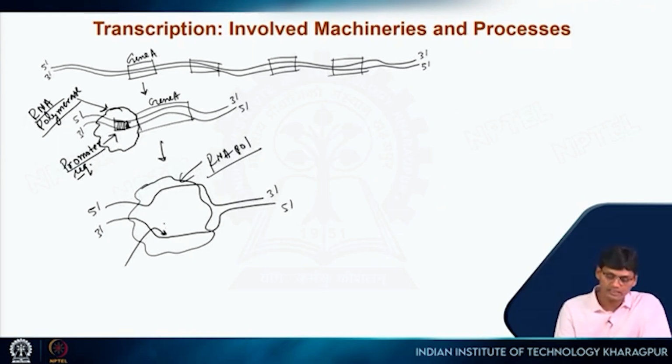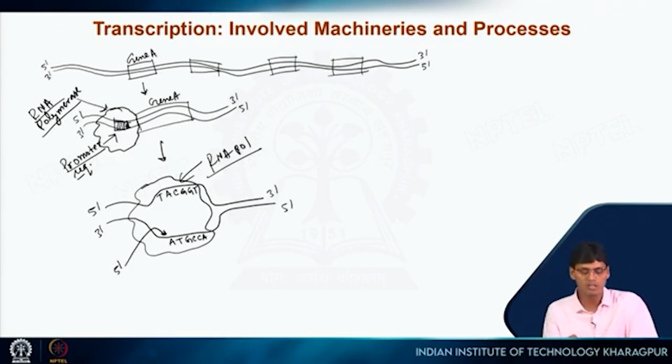For example, in this DNA, if the sequence here is A, T, G, C, C, A in this strand, the complementary strand sequence should be T, A, C, G, G, T, and we can continue like this. When the RNA is being synthesized, this is template directed synthesis. Whatever is present in the template, it will make just the complementary sequence.